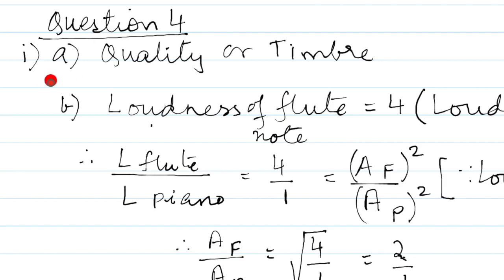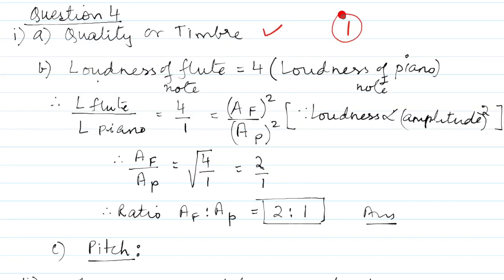So we write question 4. First part A is quality or timbre, so that will give us 1 mark. Now loudness of flute becomes 4 times loudness of the piano. So loudness of flute upon this goes this side, it goes in the denominator. Loudness of piano, that will be equal to 4, but I am writing 4 upon 1.